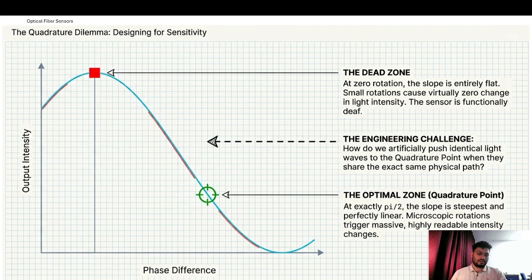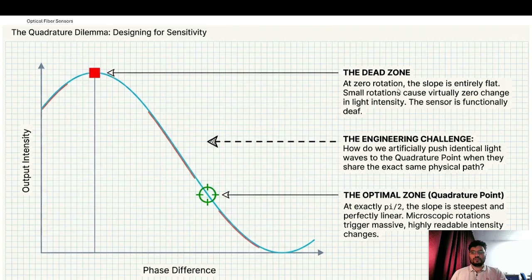In this slide there is a plot between the phase difference versus output intensity, and it is divided into 3 zones. The dead zone, which is a maxima.